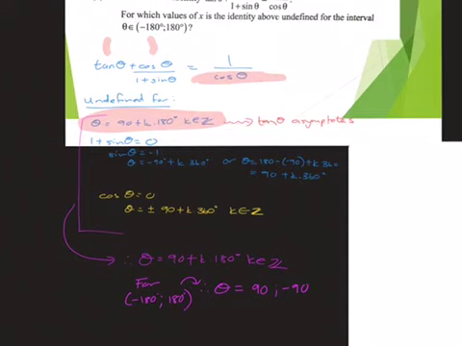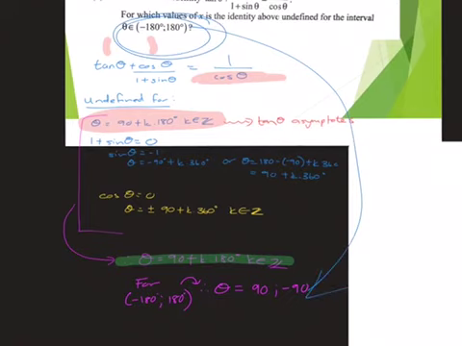So what actually works for all of them fits under the bracket of theta is equal to 90 plus k180. In other words, if I were to use 90 degrees, it would fit between negative 180 and 180. If I were to add 180 to it, it's going to get me bigger than 180, so I'm out of my domain, the restriction that they gave. And if I subtract 180 from 90, it gets me negative 90.